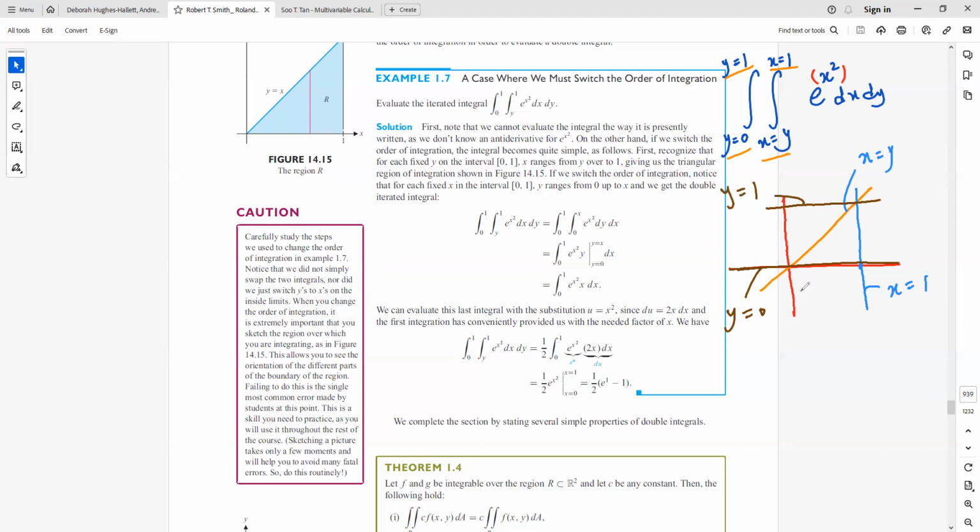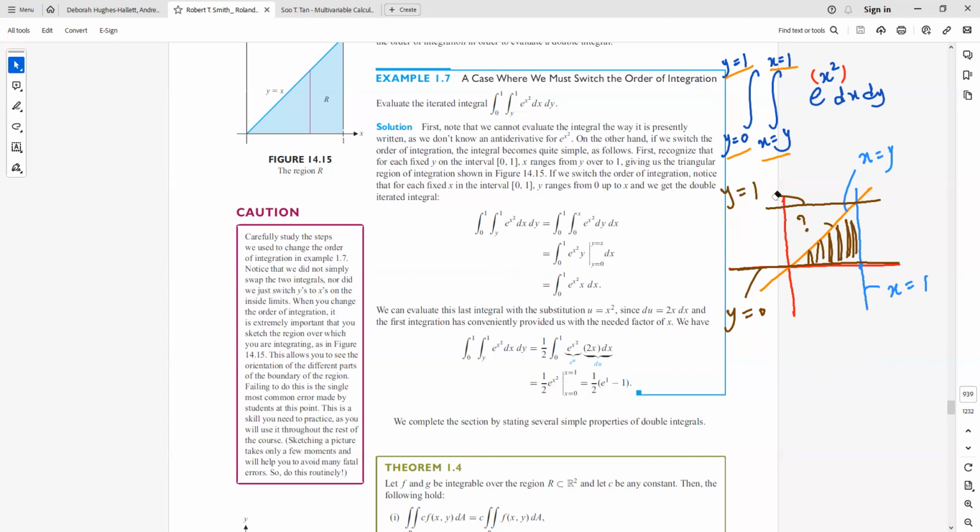Now see which region is common to all four curves. Here I can see that this region is the common region bounded by all four curves. But why not this region? Because this region is outside this line. So we need to consider only the region bounded by all the curves. Now we can work on this region and flip the order of integration.